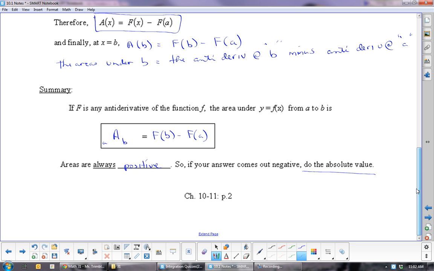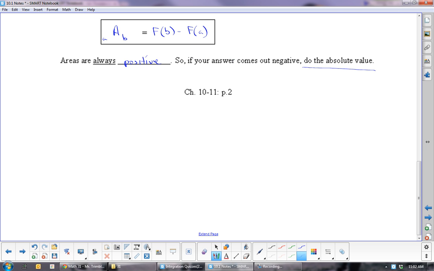Here is a fast little visual. Say you had to find the area under this curve. When you find this part, you'll get a positive area. When you do this part, you'll actually get a negative area. So if you added those two together, you'd get an area of 0, and that doesn't make sense. Why would the area be 0?